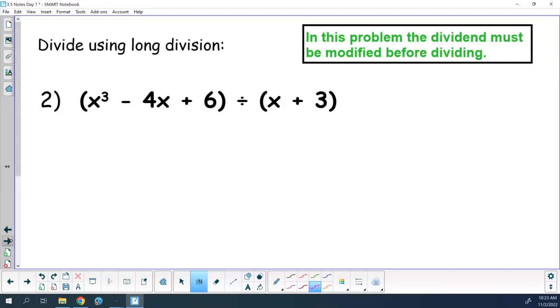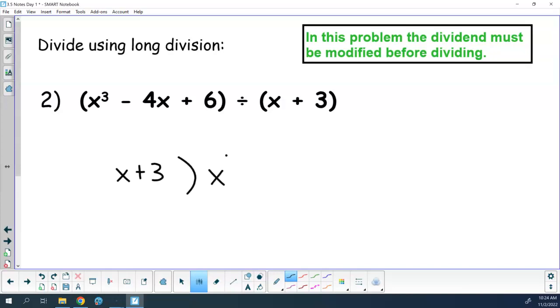Meaning, the dividend, the one that's inside the long division, has to be in standard form with all of the terms represented.